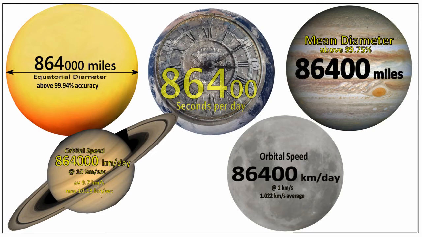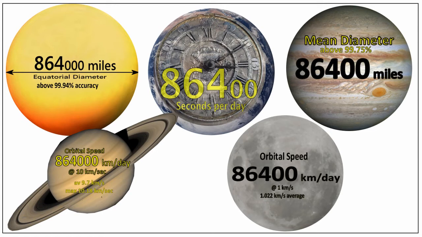And the orbital speed of the Moon, 86,400 kilometers per day. Just a nice correspondence, which also is just so lovely that it connects us to Jupiter as well, at a mean diameter of 86,400 miles.